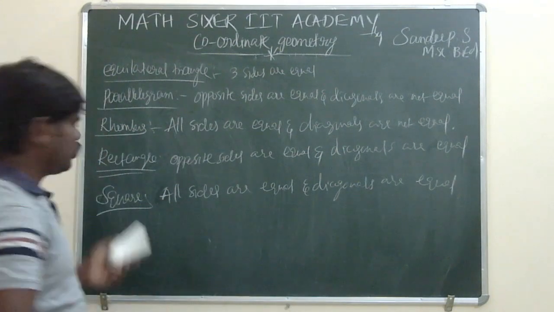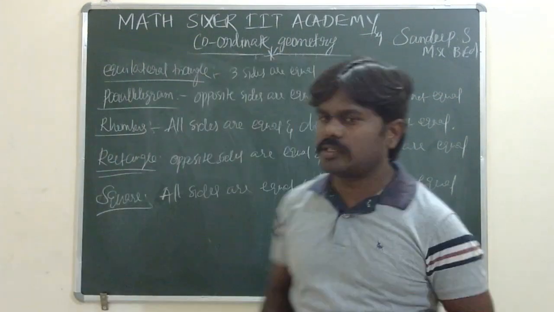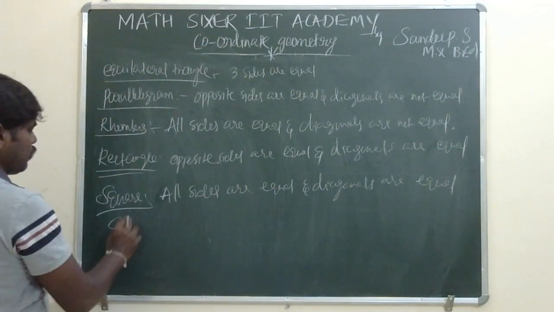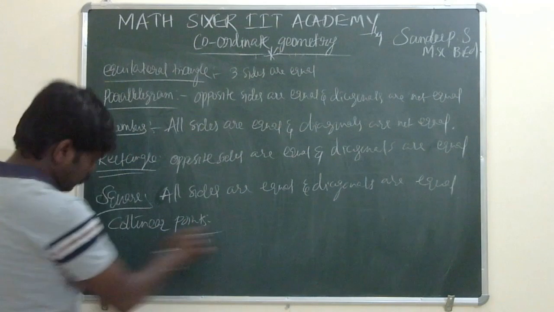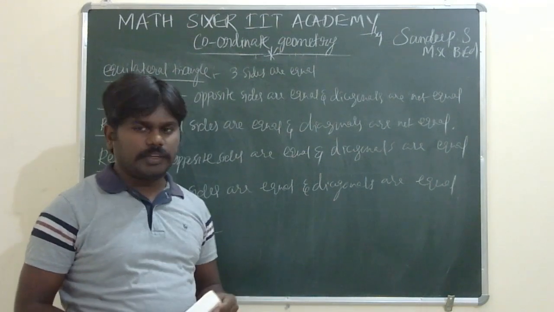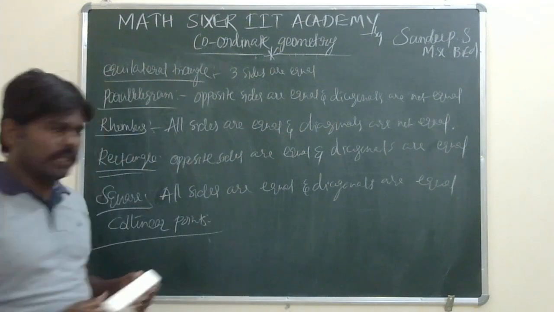And one more definition we have with the help of distance, that is collinear points. What is meant by collinear points? When three or more points lie on the same straight line, the points are called collinear points. How to prove the given points are collinear?